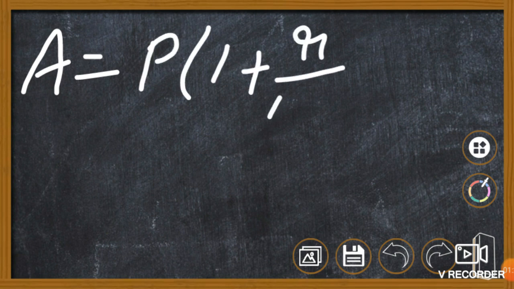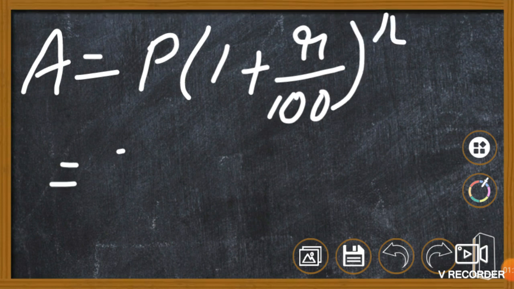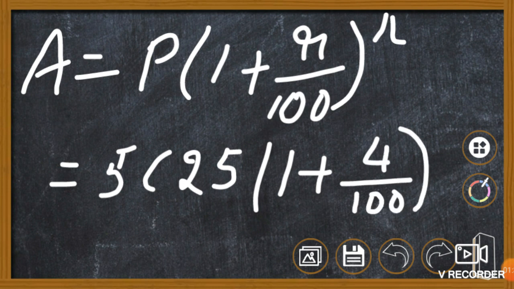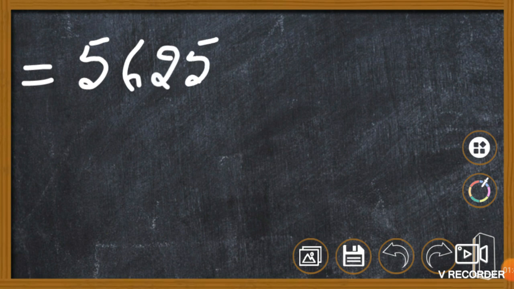Use the formula amount is equal to P into 1 plus R by 100 whole to the power N. P is 5625 into 1 plus R, which is 4 by 100 whole to the power 2. Keep 5625 as it is and 1 plus R by 100.